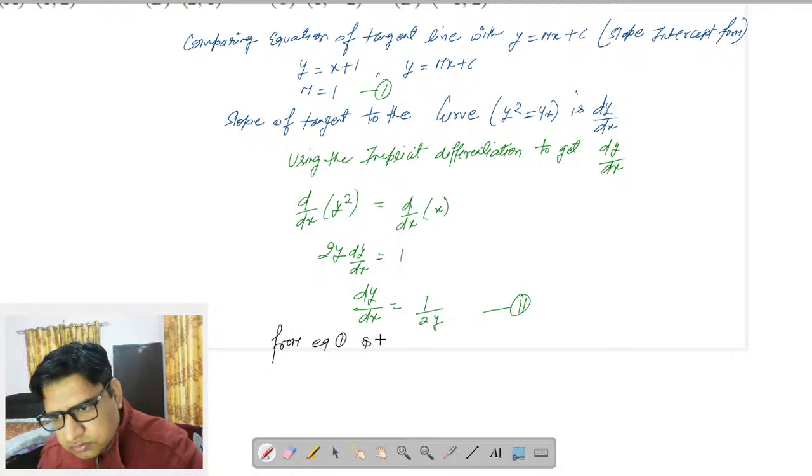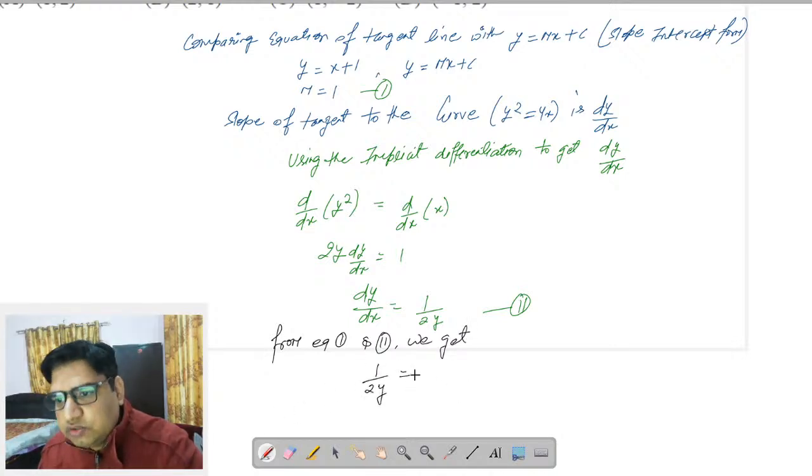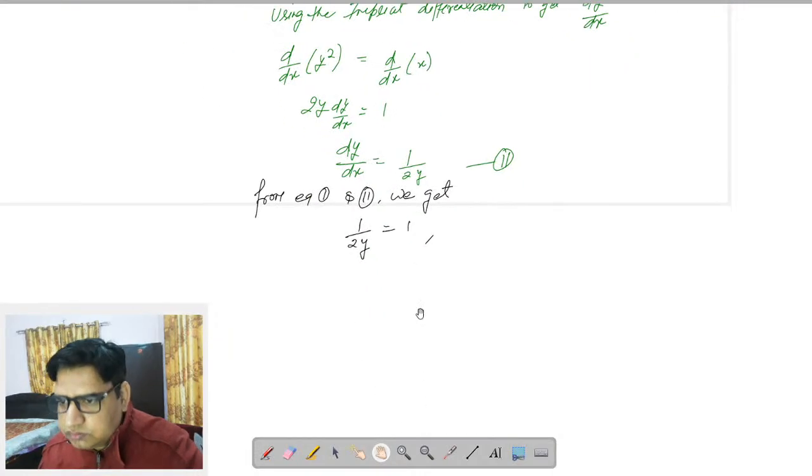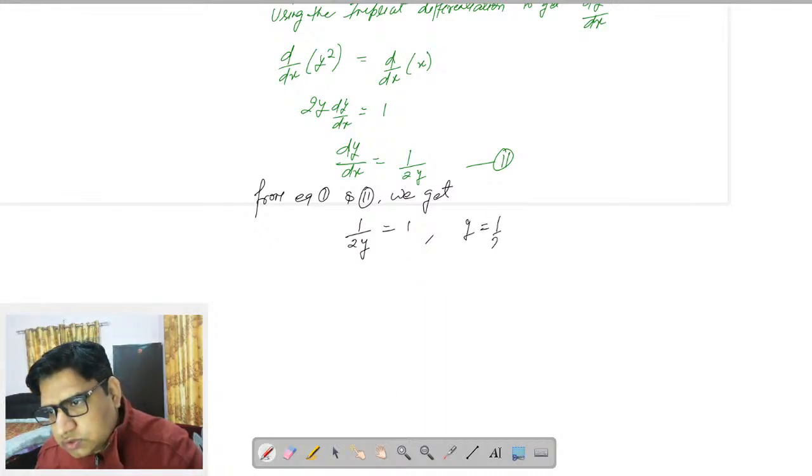From equation first and 2 we get 1 upon 2y is equal to 1. Solving this further, 2y is equal to 1, or y is equal to 1 by 2.